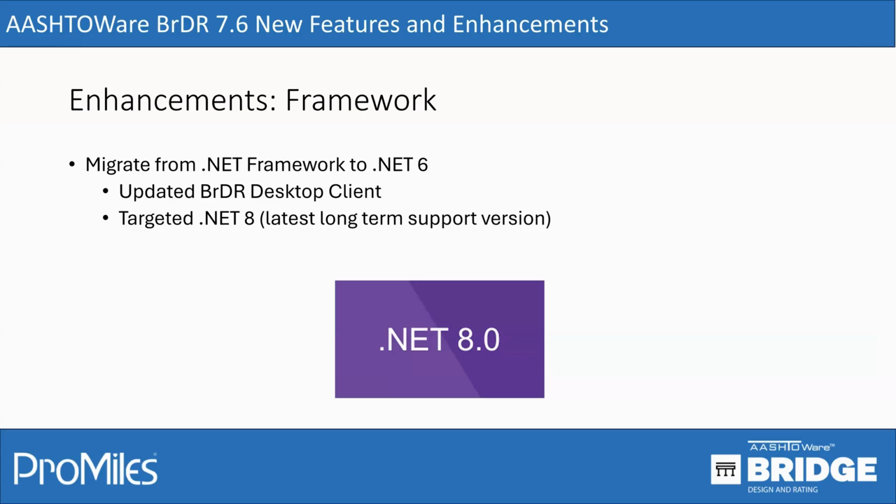So this new .NET was implemented for both the BrDR desktop client and the actual software itself, the client version that you install on your computer to run analysis. And so that uses a new framework called .NET 8 from BrDR 7.6.